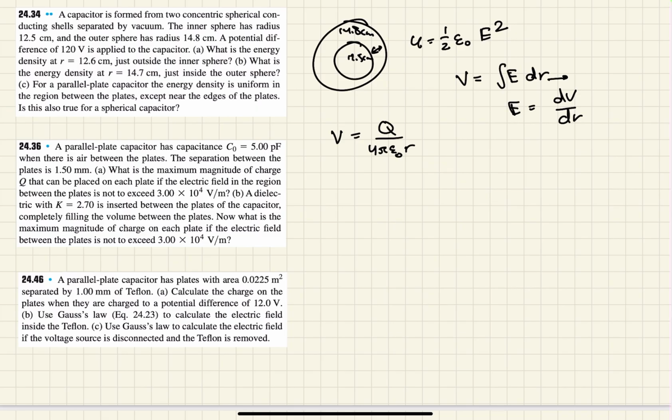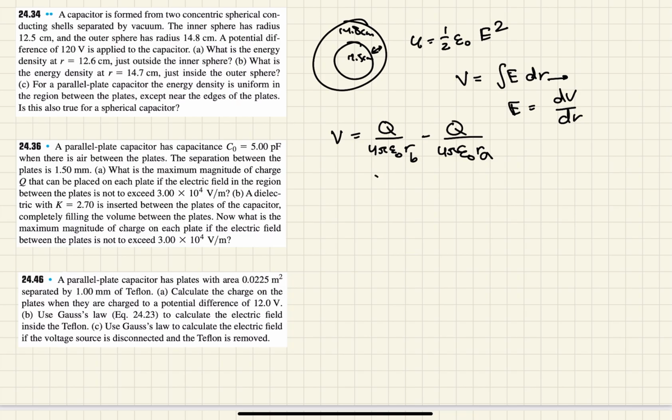On the outer sphere, it's going to be RB. On the inner sphere, it's going to be RA. We know RA and RB, but for now, let's not use that, because we can generalize this formula first and then plug in what we want.